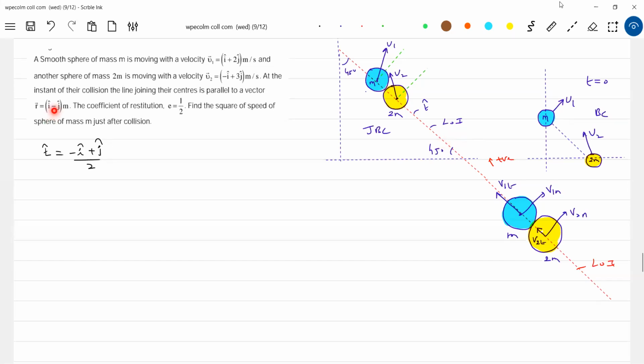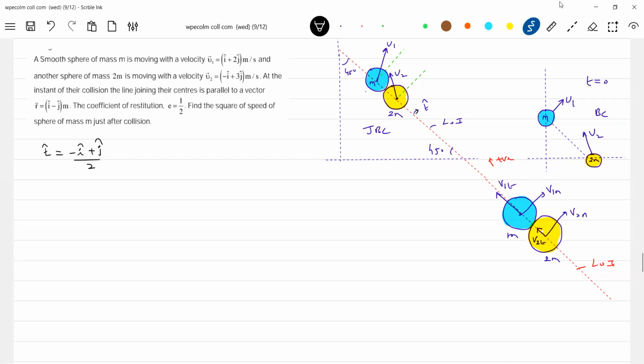I think it's justified. You can define R bar like this or in this direction. I just took this particular direction, minus I cap plus J cap. So T cap is what I define myself for my convenience. So this will be the direction of T cap.